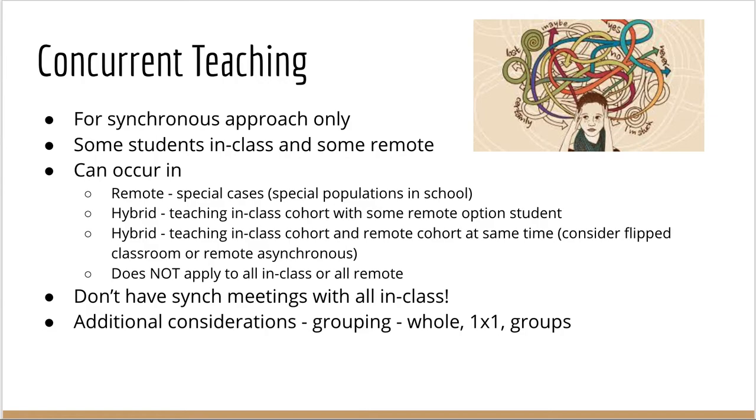So for whatever reason, you may have some kids in your school in front of you, even though it's remote mode. And then hybrid, typically you have an in-class cohort and then a remote cohort at home, but even when you're teaching your in-class cohort, again, some students may be at home, those parents that chose the remote option for their student.